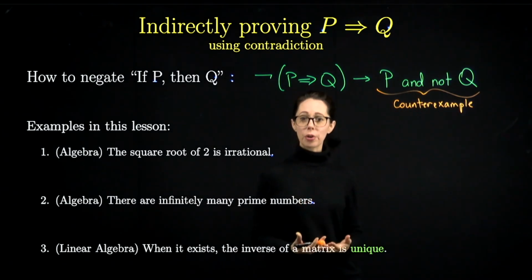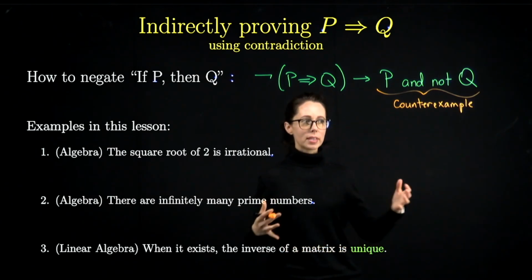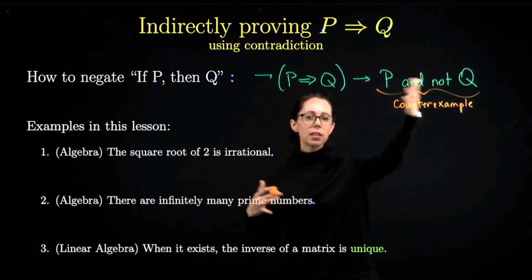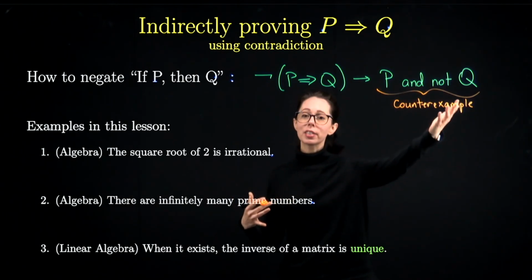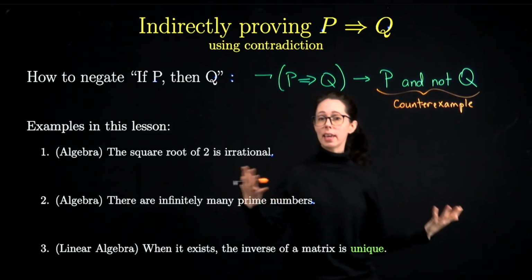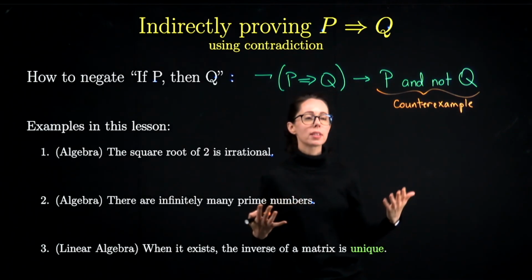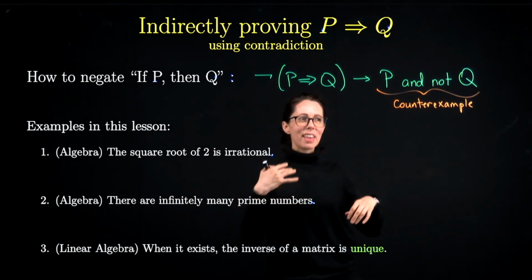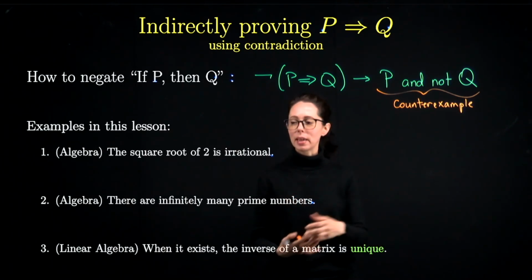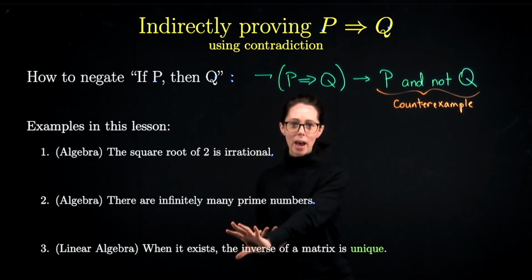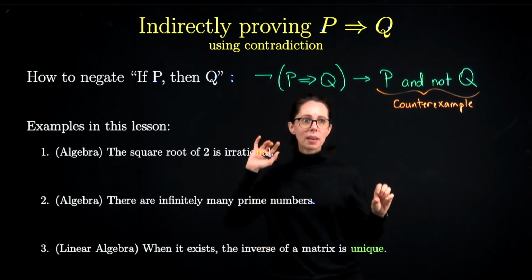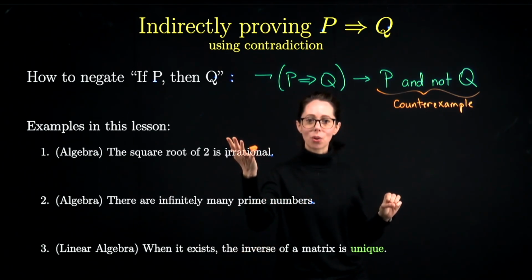So when we do a proof by contradiction, we say, imagine P and not Q. It's not an implication, it's just a characterization of what it would look like to say that P doesn't imply Q. In other words, it's a characterization of a counterexample. And then the flow of your proof will vary based on the scenario, but what we'll see happen in all three of the examples that we will do in this video is that we will say property A must hold.